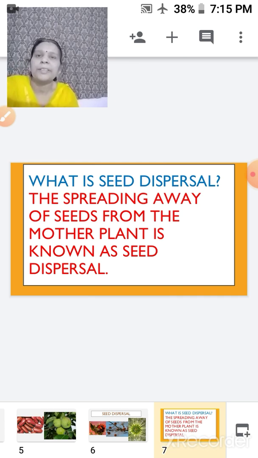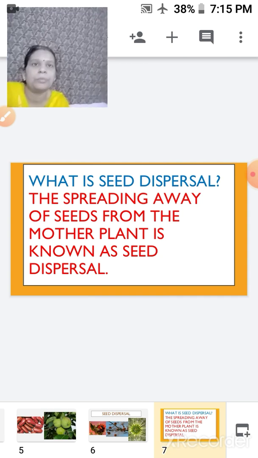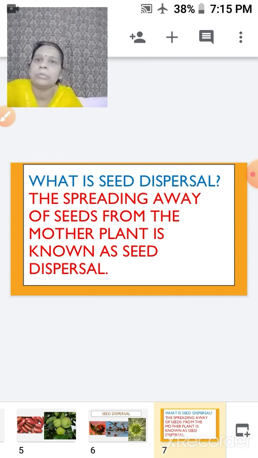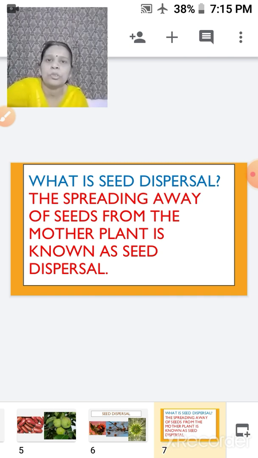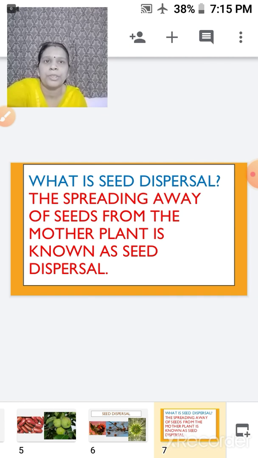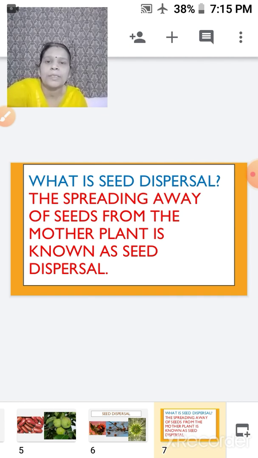Most seeds do not germinate inside the fruit, but they develop. For their germination, seeds need to be separated from the fruit.